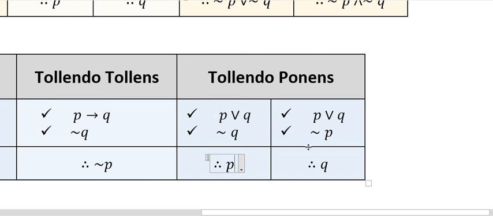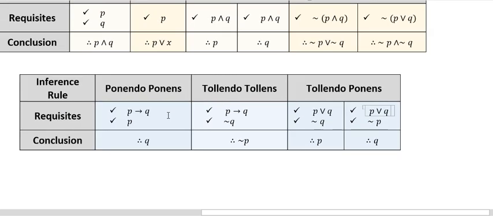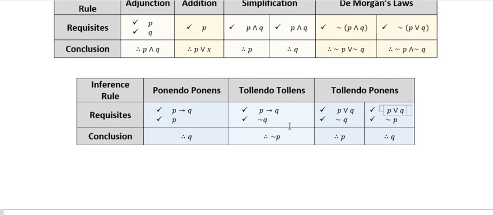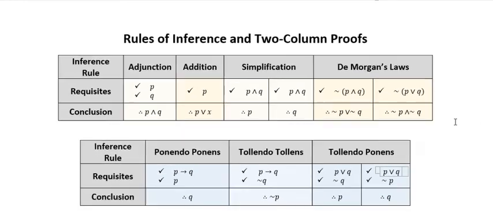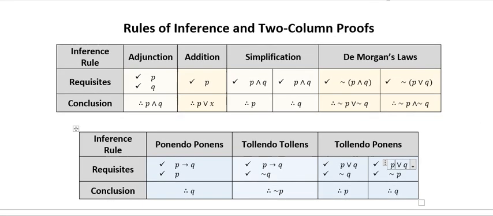Or same way, if you have the or but you have the opposite of the first one, for example, then I will have to copy the second one. These rules are kind of simple, so they shouldn't be that difficult to understand. So those are the basic rules of inference that we're going to work with.